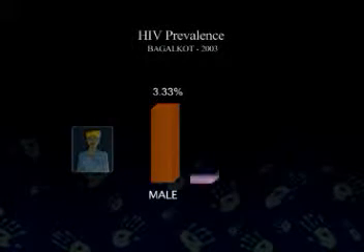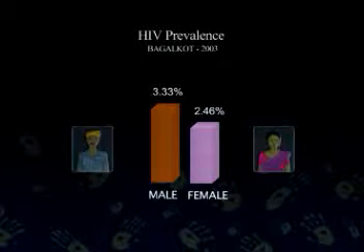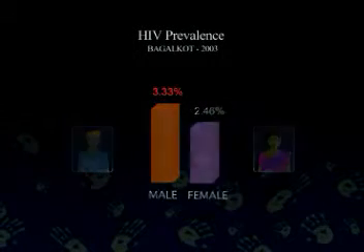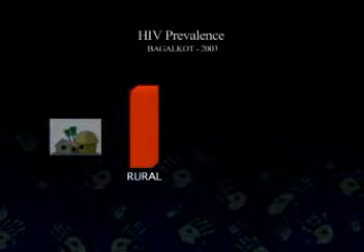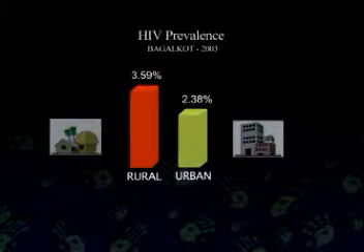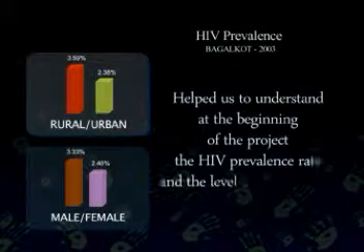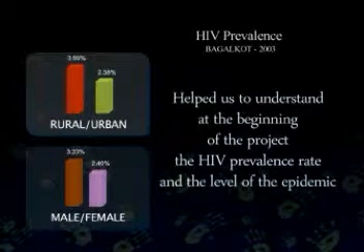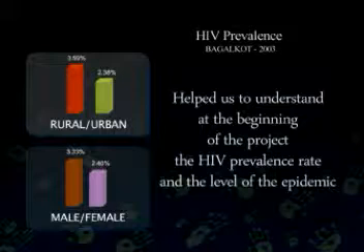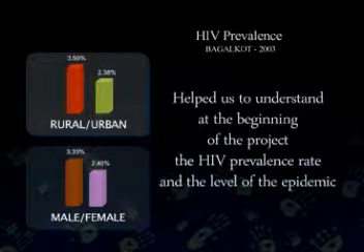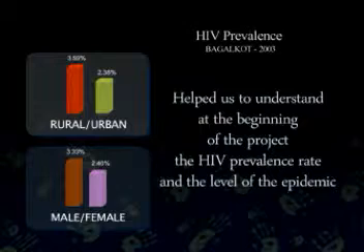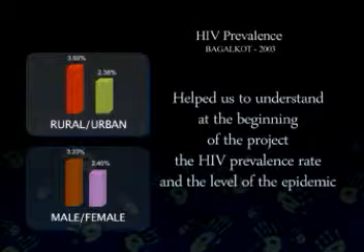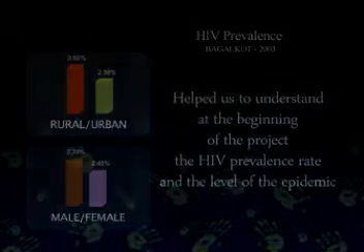We also see from this graph that the prevalence is higher among males than females, and also higher in the rural areas than in the urban areas. So this helped us to understand the current levels at the beginning of the project, and also a lot of information on behaviors was collected, although some of the risk behaviors reported in the survey were influenced by social desirability bias.